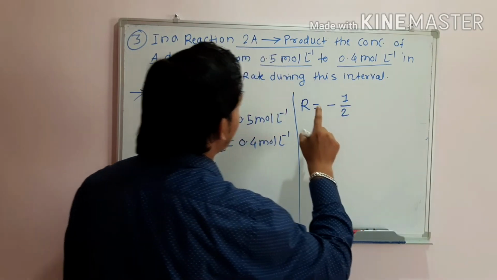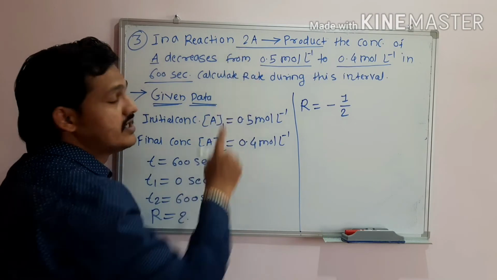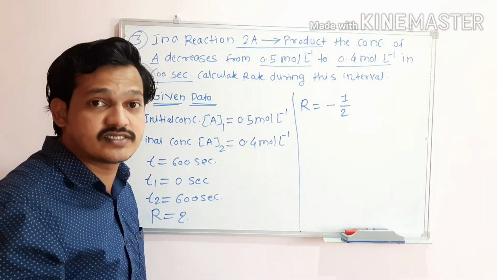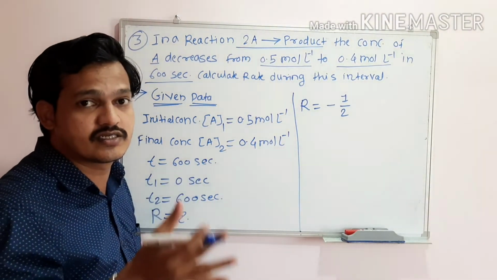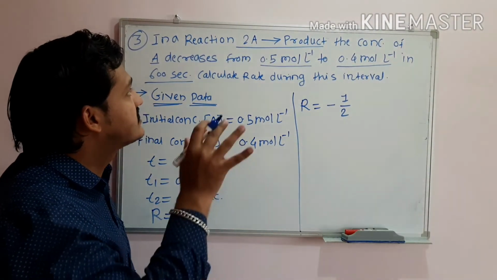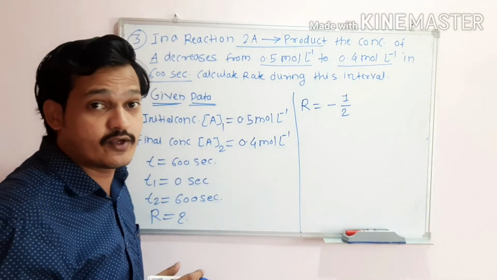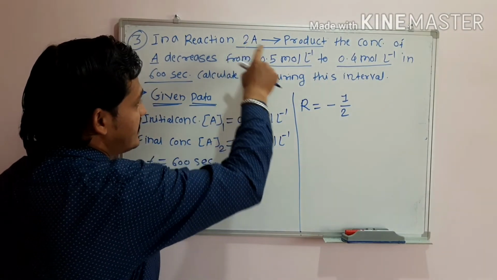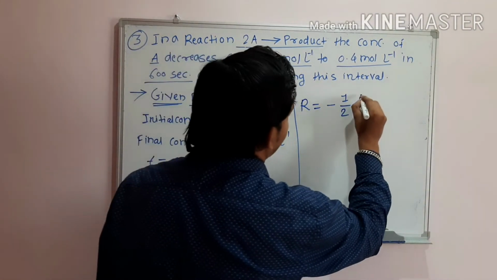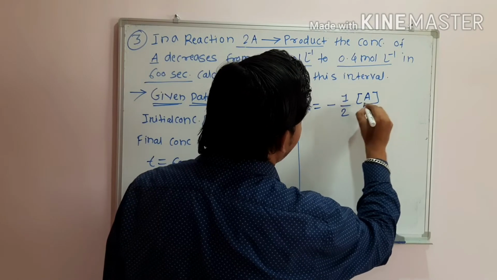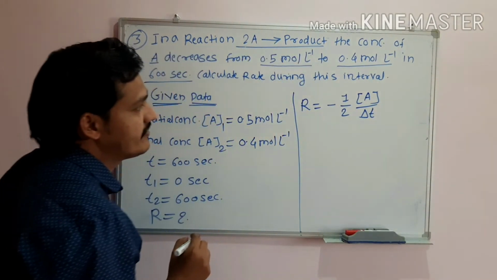How am I writing 1 by 2 like this? Because I am telling you the rule. Change in concentration of a species with respect to time is called the rate of reaction. Now, the rule says the change in concentration of a species is divided by its stoichiometric coefficient. The stoichiometric coefficient is 2. So, अंश किती झाला? 1. Okay, minus 1 by 2 delta in bracket A divided by delta T.